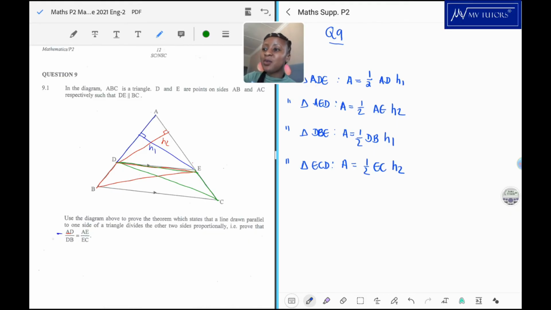Okay, so we have settled the DB part and the EC part. So now let us put all those triangles in ratios.